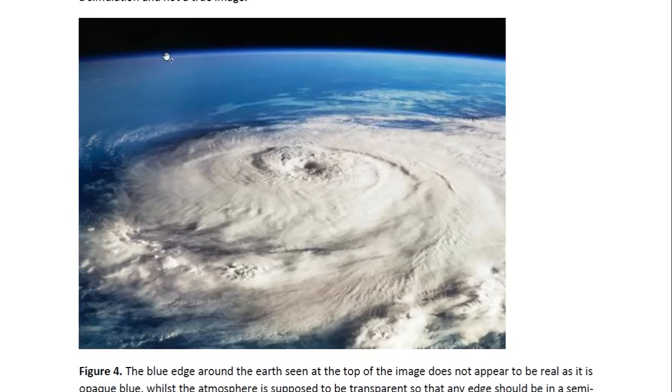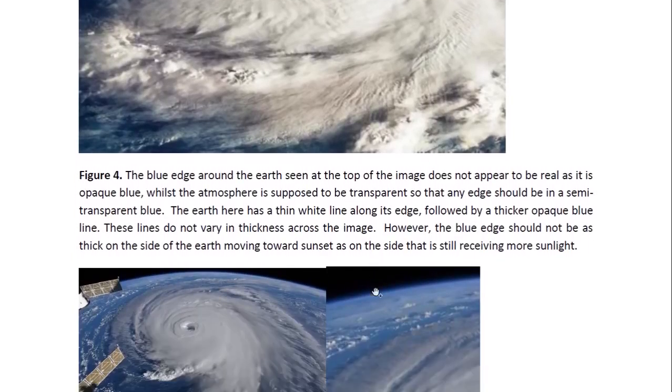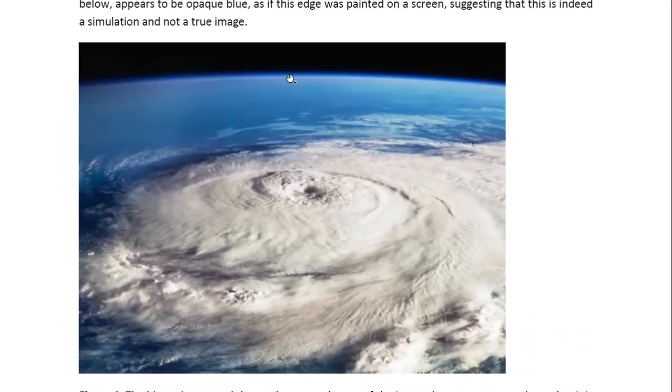So the darkest side of the Earth should have a layer of atmosphere which is much thinner than the layer which still has a lot of sunlight incident on it. So again, this seems to be a simulation. It doesn't look real at all. And I've actually seen an edge similar to this on the moon holographic projections.